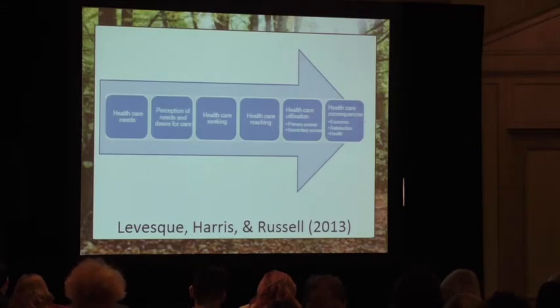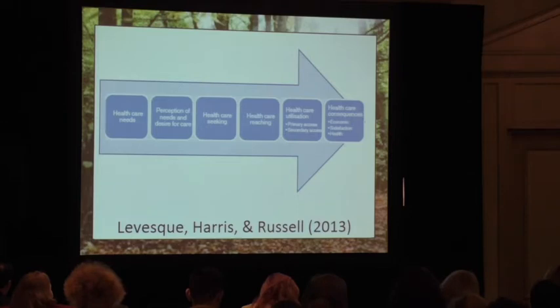So things like adherence or compliance or dropout rates. And then finally, at the end of all of those, is healthcare consequences. So are they actually engaged in benefiting from whatever intervention they received, whether it's surgery or behavioral voice therapy or hormones?